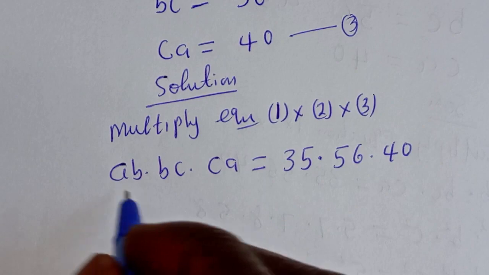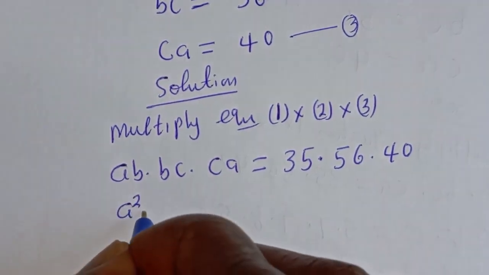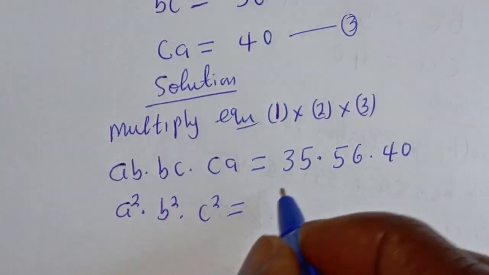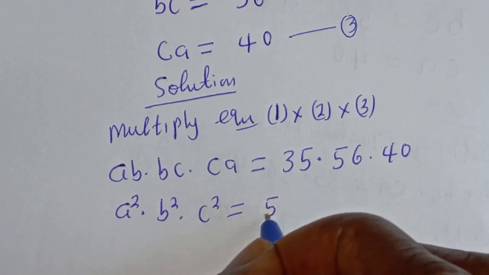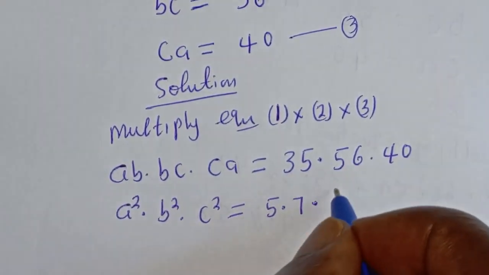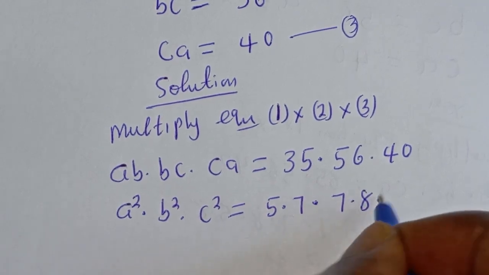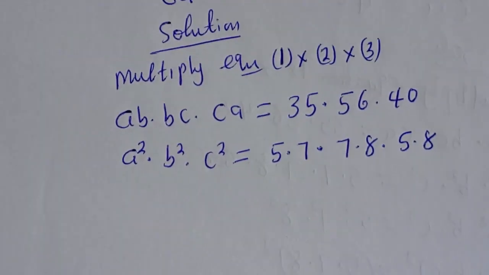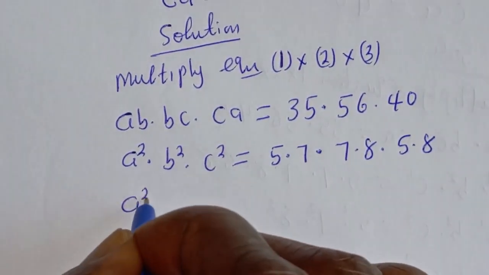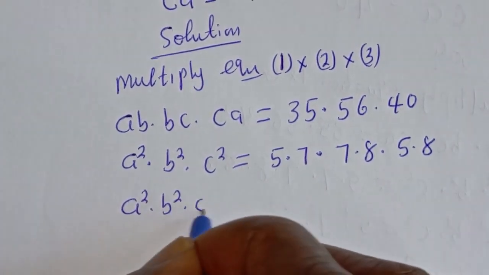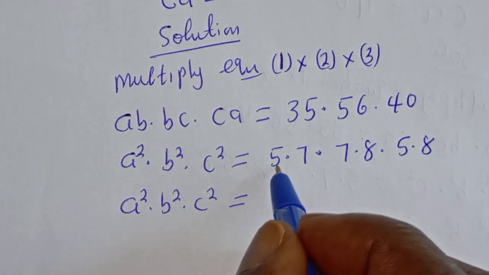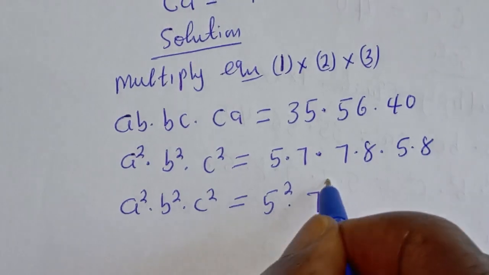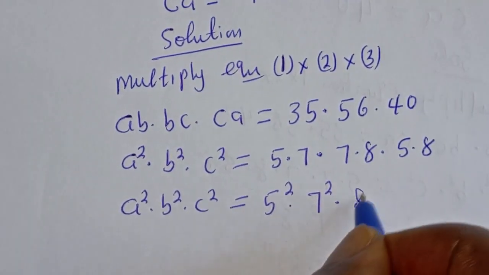And this is A square multiplied by B square multiplied by C square is equal to 35, which is 5 multiplied by 7, multiplied by 56, which is 7 multiplied by 8, multiplied by 40, which is 5 multiplied by 8. Then A square B square C square is equal to, here we have 5 and 5, this is 5 square, multiplied by 7 and 7, this is 7 square, and here we have 8 and 8, 8 square.